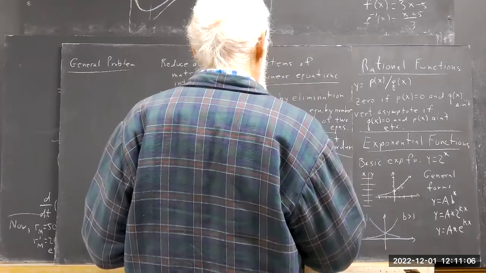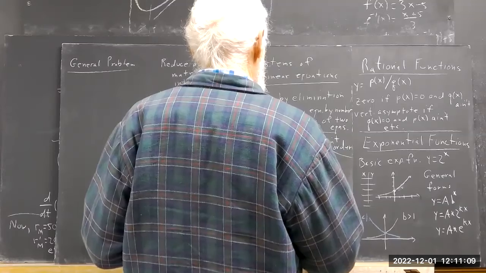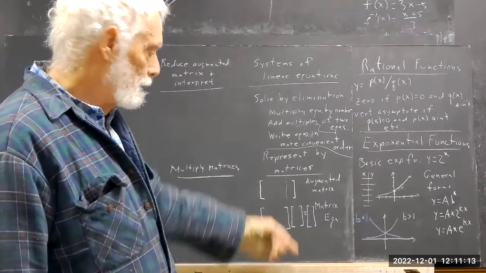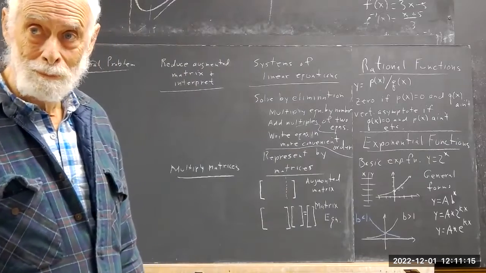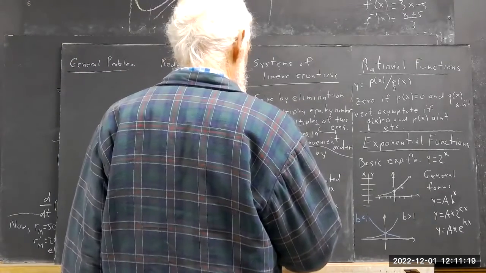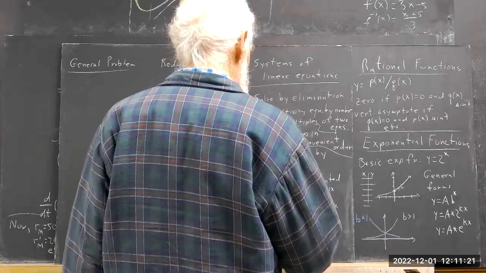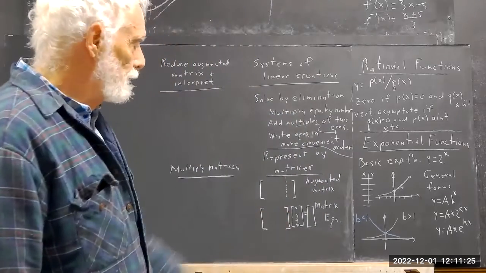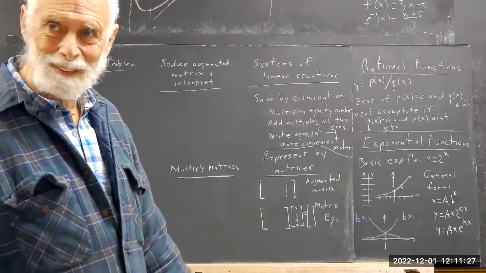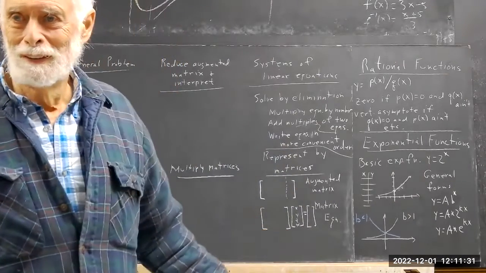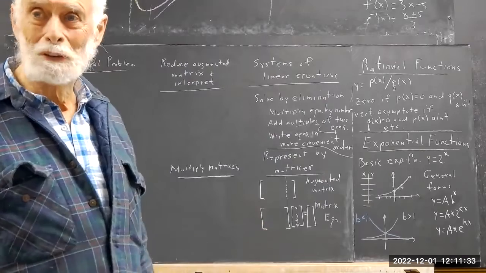This is the matrix equation. Multiply matrix by column. Okay. In the column, I wrote X, Y, Z, W. You can have as many equations as you might wish.